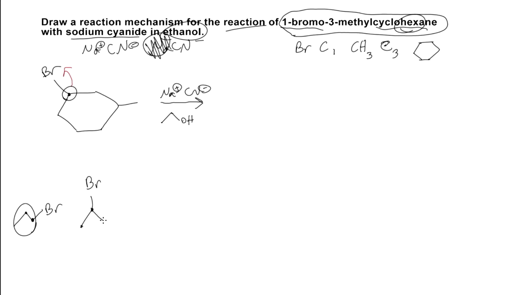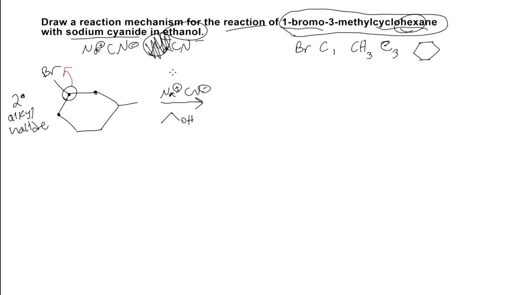There's our central carbon, and there are 2 other carbons right there. Or we could have a tertiary alkyl halide, which could look something like this, where the carbon that the bromine is bonded to is bonded to 3 different carbons. So again, this is primary, secondary, tertiary. If we look here, we have a bromine bonded to a carbon that's bonded to 2 other carbons, so we know that this is a secondary alkyl halide.